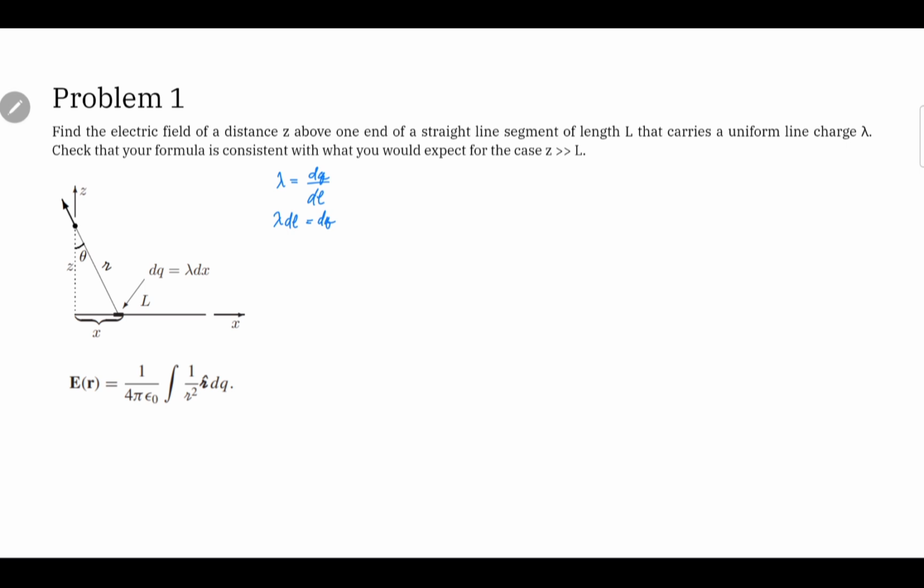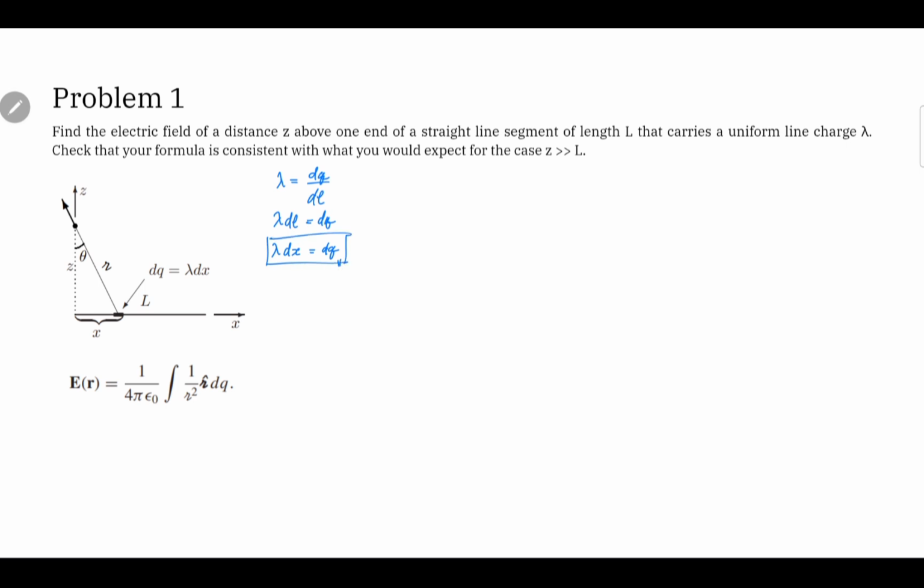And since we are putting our line charge along the x-axis, we could express our infinitesimal length in terms of x. So then we can just replace dl with dx: lambda dx equals dq.